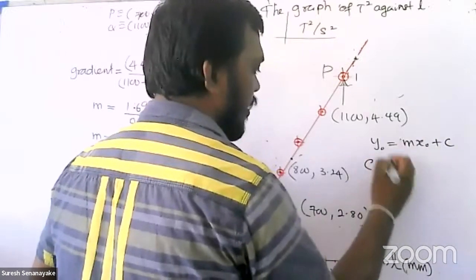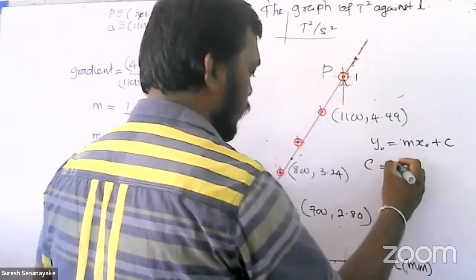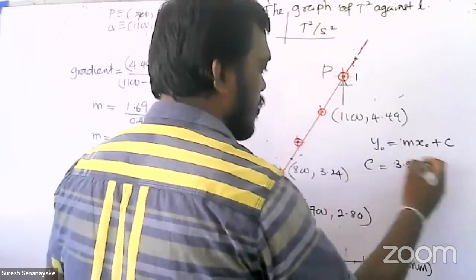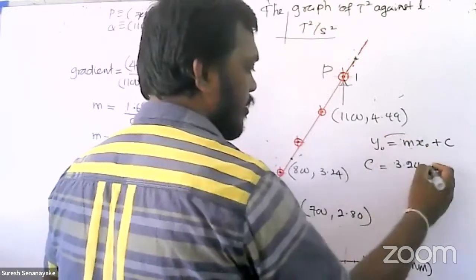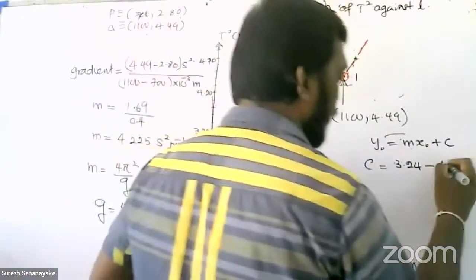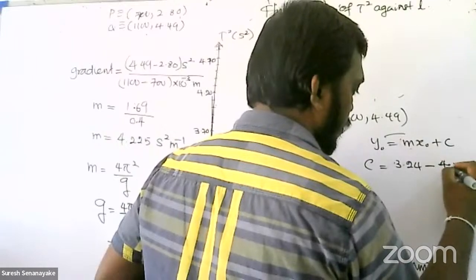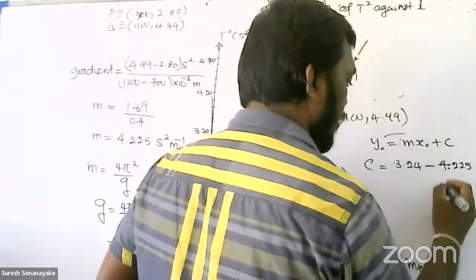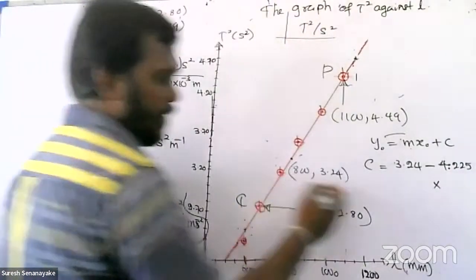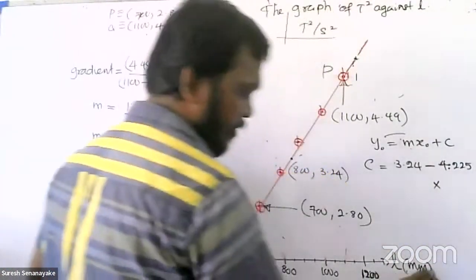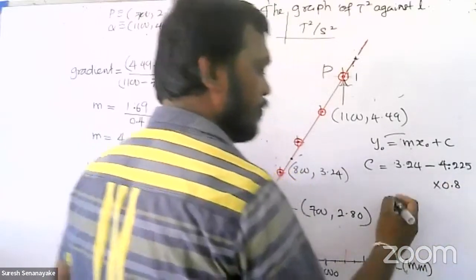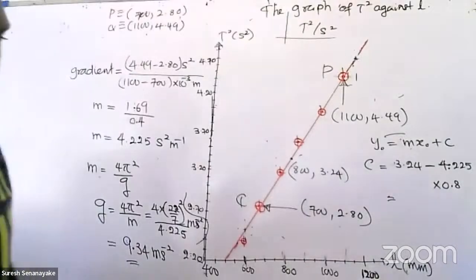So c equals y naught, which is the y axis 3.24, minus the gradient. You put in the value you obtained, 4.225 multiplied by 800 into 10 to the minus 3, that's 0.8. Then find the value.